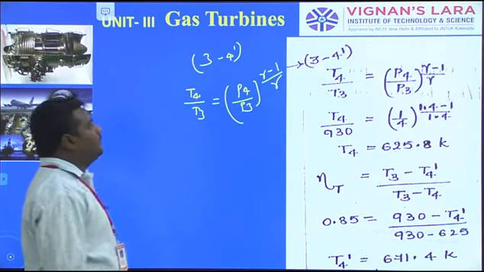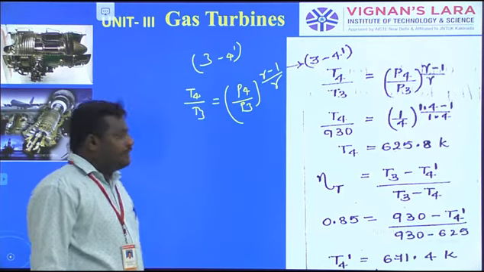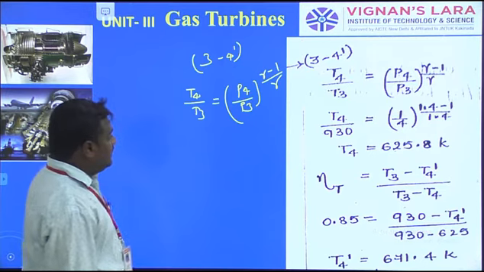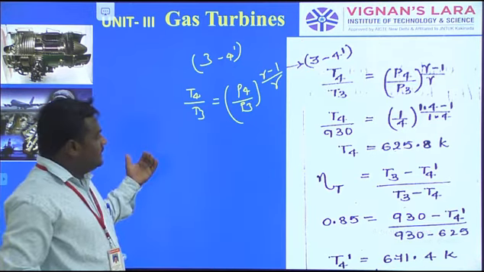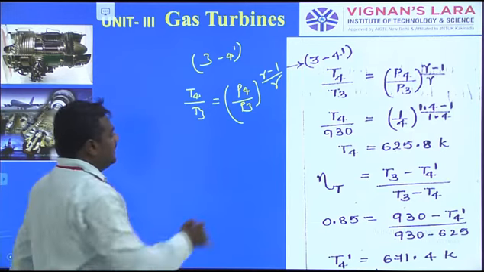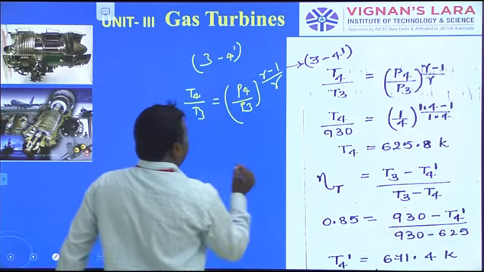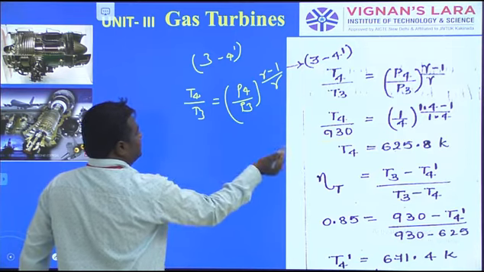This is the 3 to 4 process. Okay, so then T3, we know from the previous slide, is 930 Kelvin. So we have to substitute in this equation.